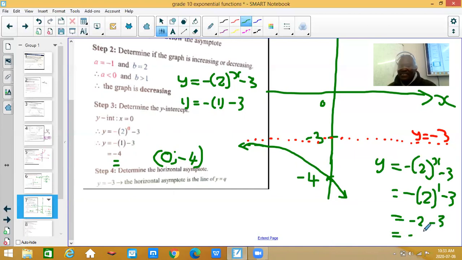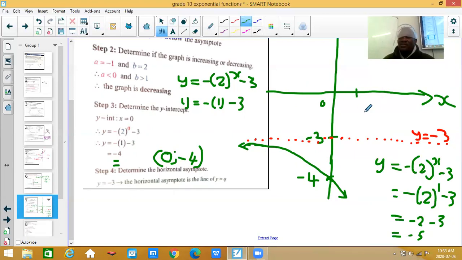Negative 5, right? So if you have 1, 2, 3, now if you take a 1 here, it must be negative, since it must go on to negative 5.